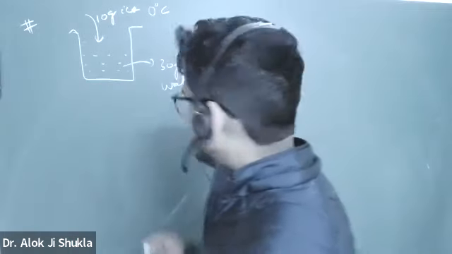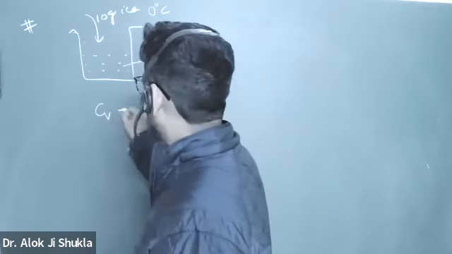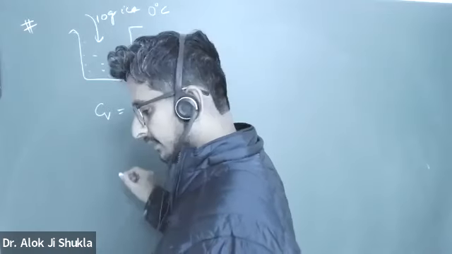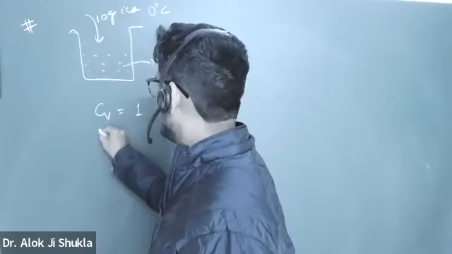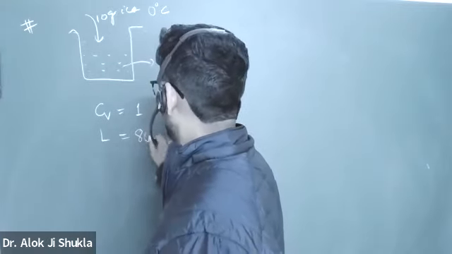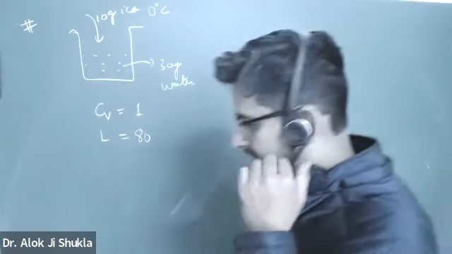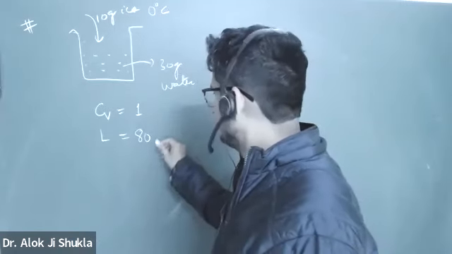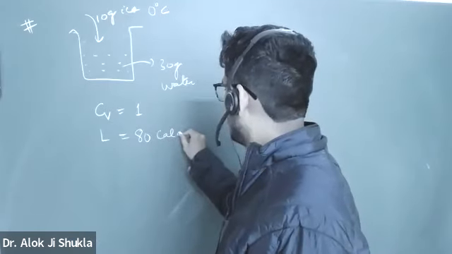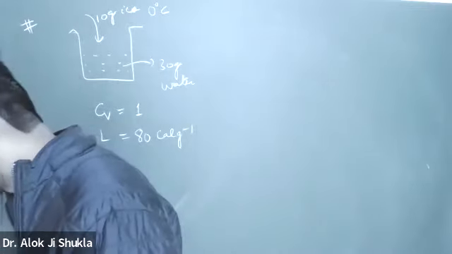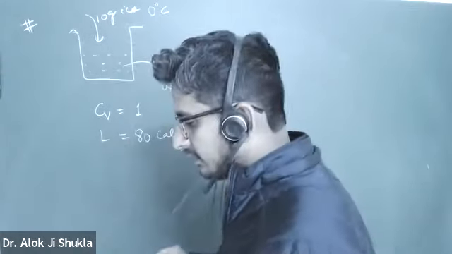And CV of water is given to be 1, and latent heat is given 80 calorie per gram. And this CV is 1.